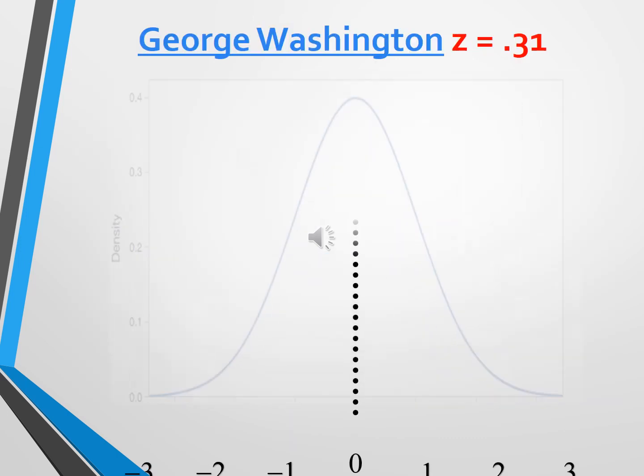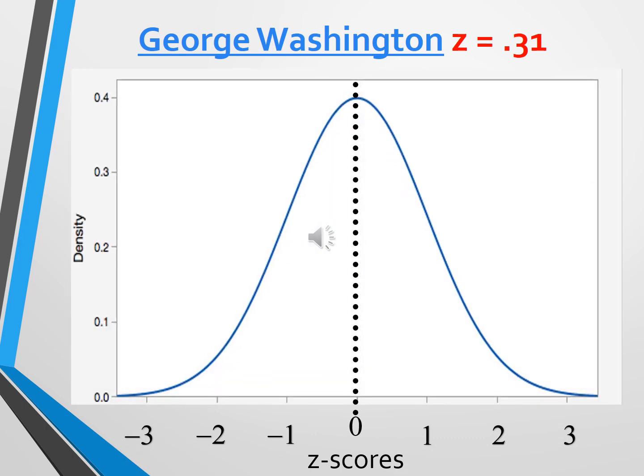So George Washington's z-score for his age of inauguration was 0.31, and that's a positive value because he was 57 when inaugurated, older than the mean of 55. We got that by subtracting 55 from 57 and dividing by the standard deviation 6.52.